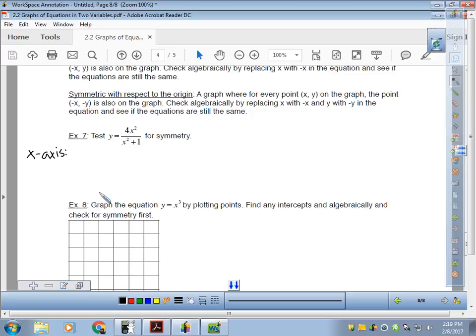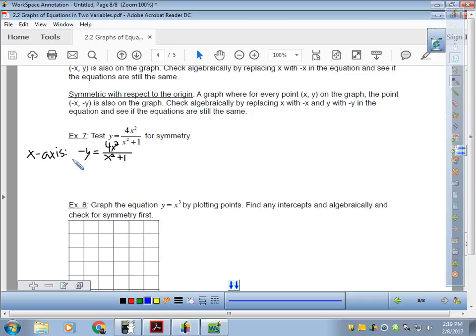So I'll start by checking for x-axis. For x-axis, we are going to replace the y with a negative y. So instead of this y, I will have negative y equals 4x squared over x squared plus 1. Then we would want to solve that equation for y, which means I need to get rid of this negative.